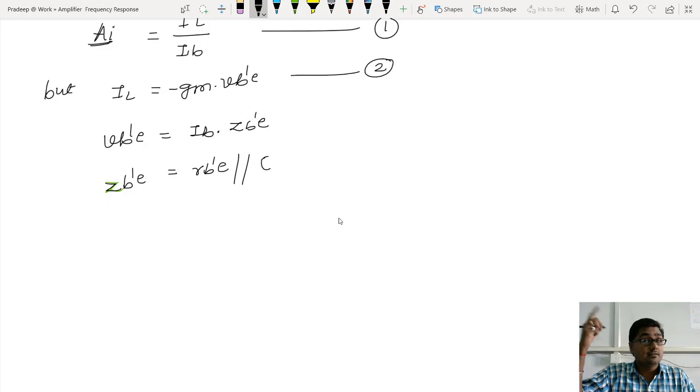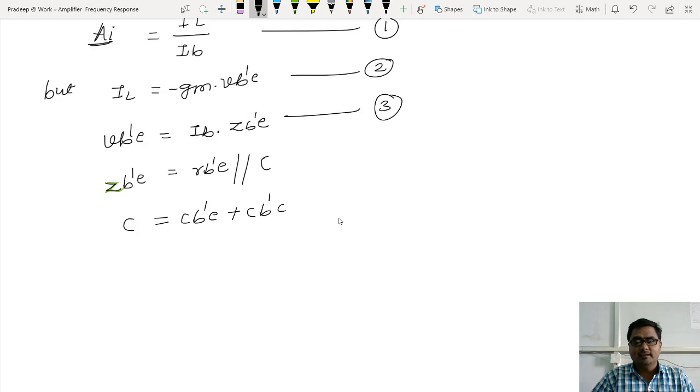Actually, it's capacitors because we have two capacitors. But what is that C? C is CB'E plus CB'C. It's not needed to call this a separate equation.